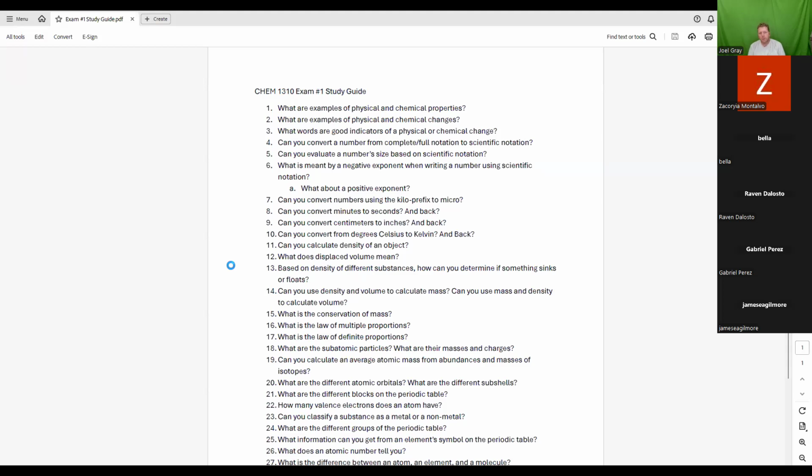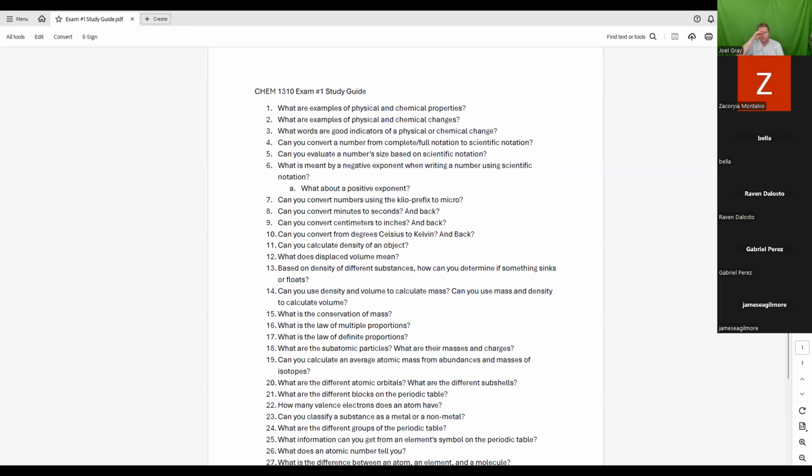If you haven't had the opportunity to look at it, this is basically the rundown. Taking it from the top, it goes back to I think our second lecture, where we talked about chemical properties and physical properties. And there are some words that are good clues whenever you look at a chemical or a physical property.